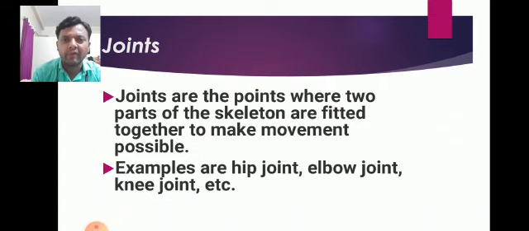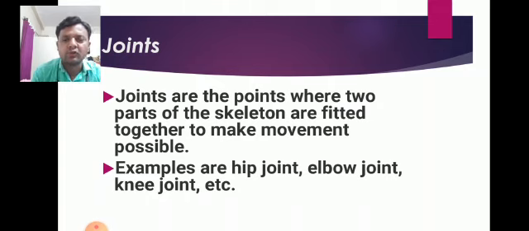If we straighten our hands, they would stay straight and we would not be able to bend our body parts. So joints are very important for movement. Examples are hip joint, elbow joint, knee joint, etc.